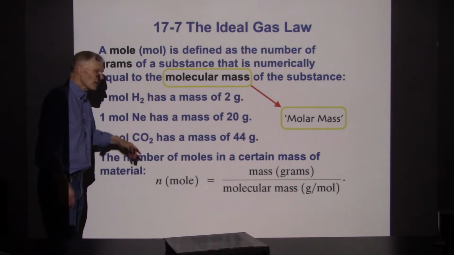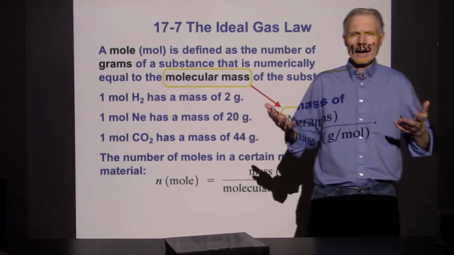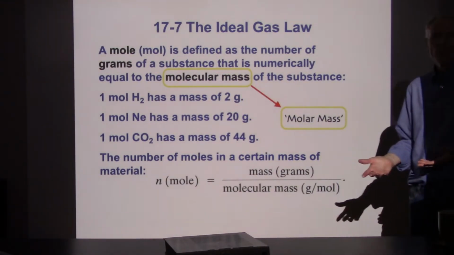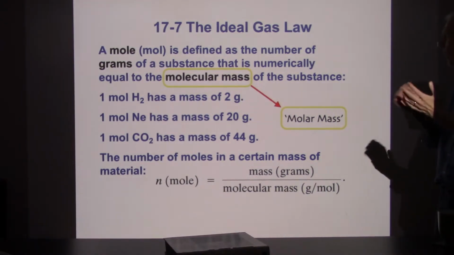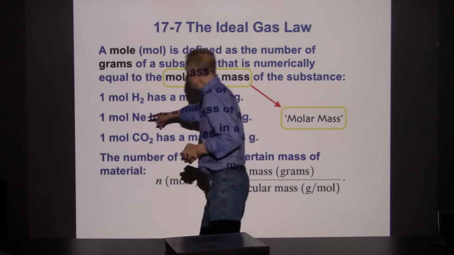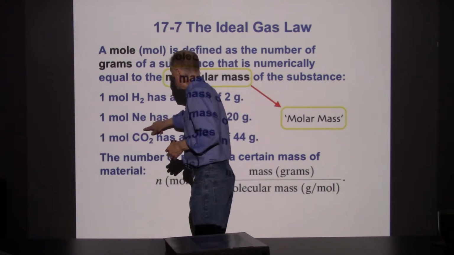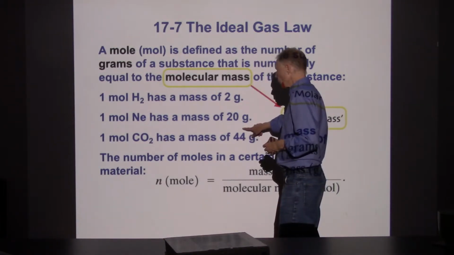Now, for carbon dioxide, I have to take 1 carbon and a couple of oxygens. The most common isotopes by far for carbon and oxygen: the carbon isotope in highest abundance is 12, and oxygen is 16. So 12 plus 16 plus 16 adds up to 44.